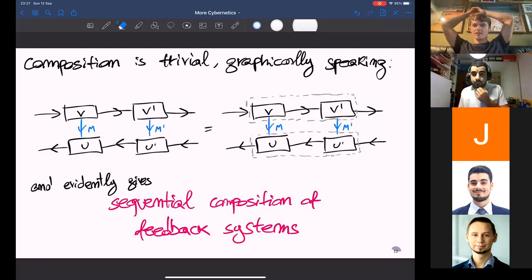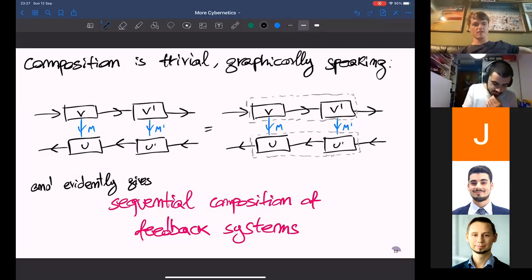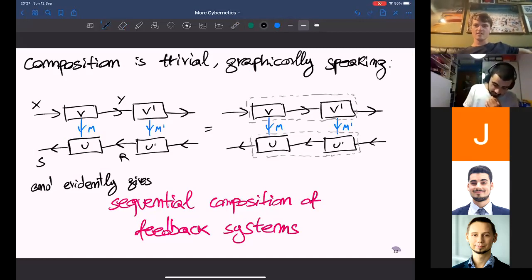The composition's not necessarily commutative, right? Because for instance, the game where I get to play first and then you take a turn is different from the one where you get to play first and then I take a turn. Yeah, absolutely. There's even a prettier reason, which is that if I have three different types on the three boundaries, then it doesn't even make sense to compose these two optics in the other order.